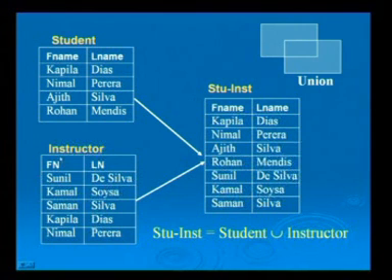But as you can see, there are common rows like Kapila Dias, Nimal Pereira. Here also you can see Nimal Pereira and Kapila Dias appear, but in the relation that you get after applying the union operation, these two names, Kapila Dias and Nimal Pereira, appear only once.